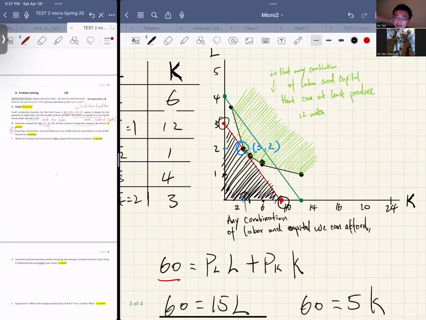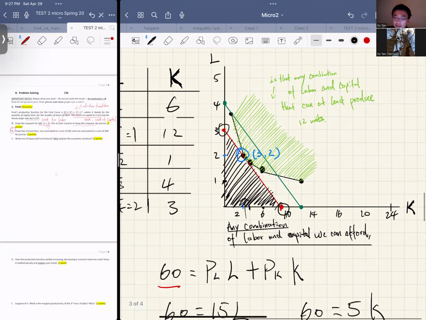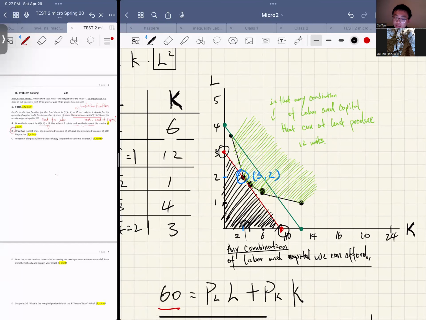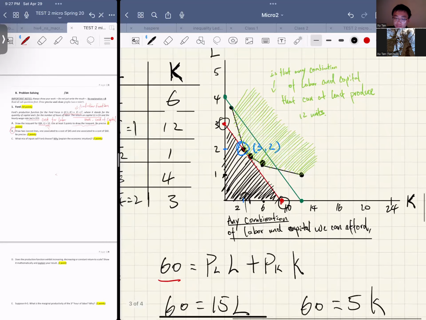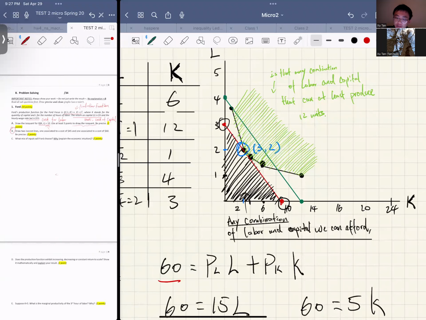So this tangency point is when the combination of labor and capital that we can afford is the same as any combination of labor and capital that can produce 12 units of output. Okay? So look at this green isocost curve, right? Why don't we want these 2 points, point A and point B? We don't want them because we're not minimizing cost.